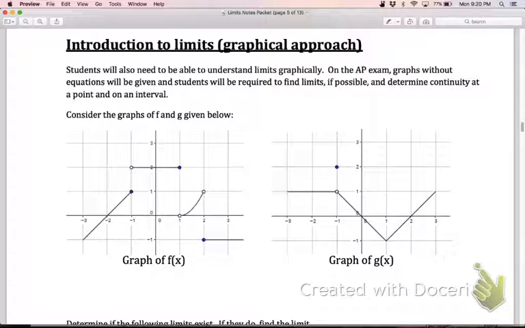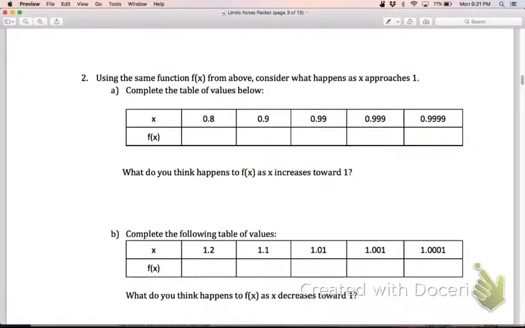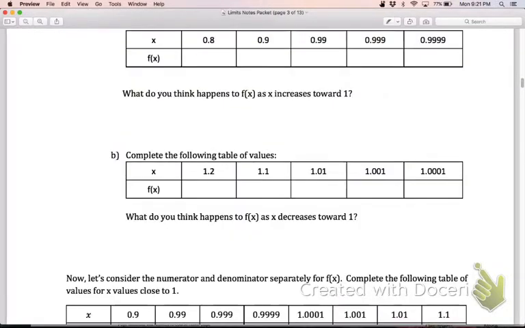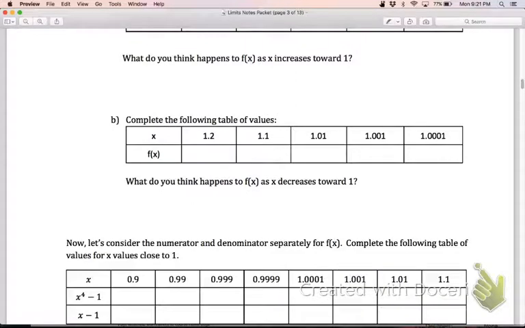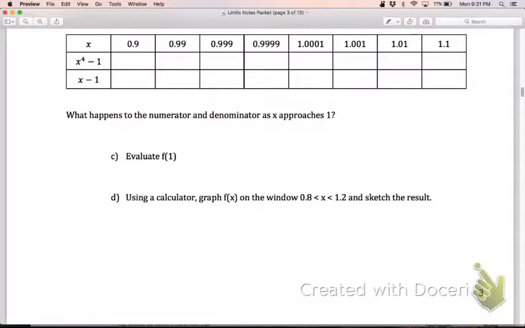One thing that we saw is that even when the function value did not equal the limit, so one of the last examples that we looked at was this one here, where we saw that as we approached 1 from the left, we got 3. As we approached 1 from the right, we got 3. But when you plugged in f of 1, we got an undefined value because there's a hole in the graph.